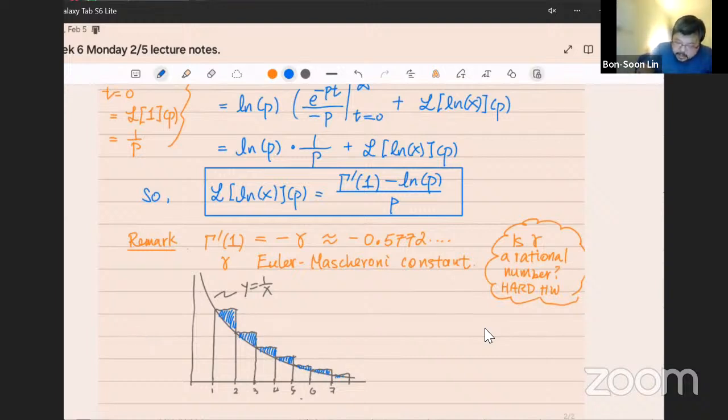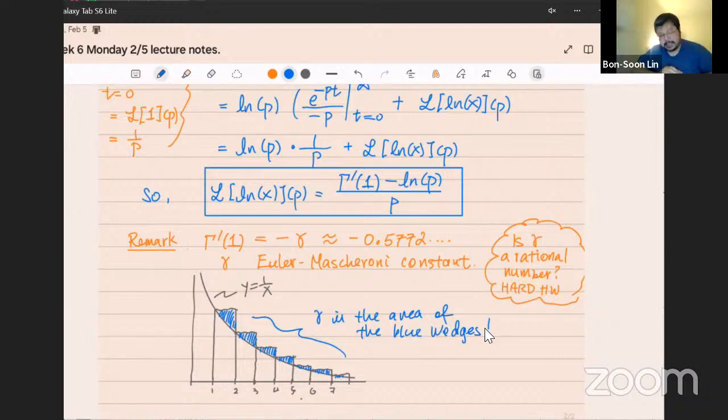The heights are less than 1 in total. So gamma is the total area of these blue parts. Gamma is the area of these blue wedges. And it's kind of bizarre that it shows up in this gamma function.